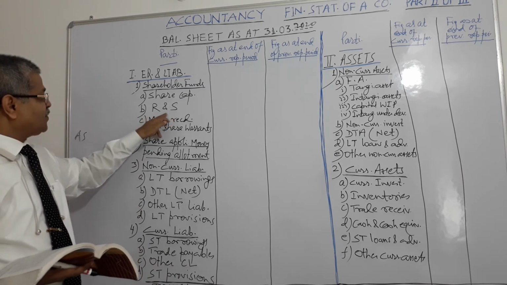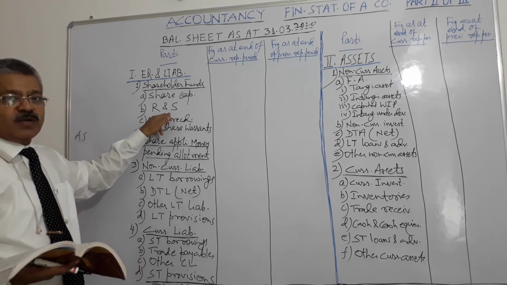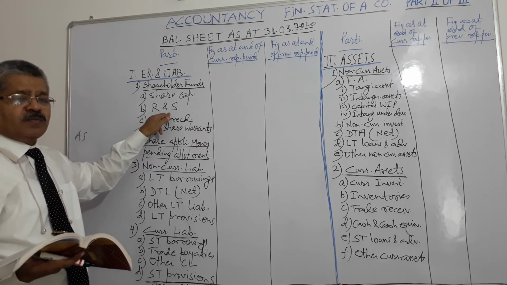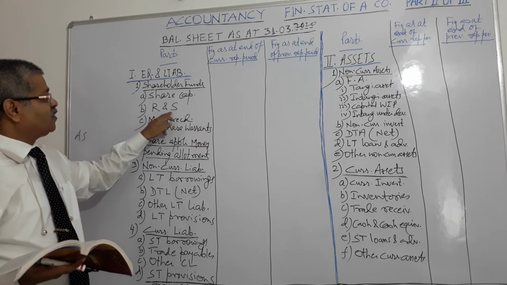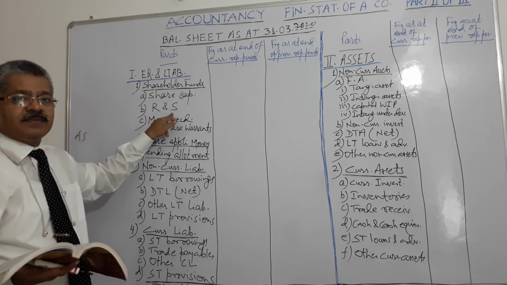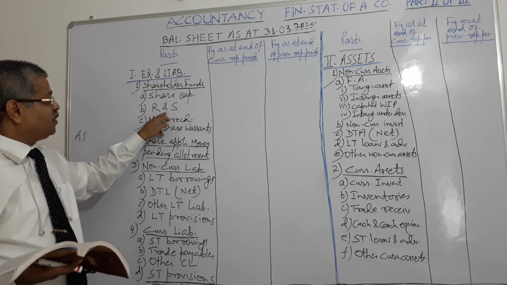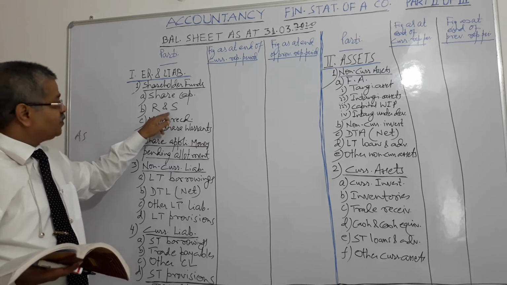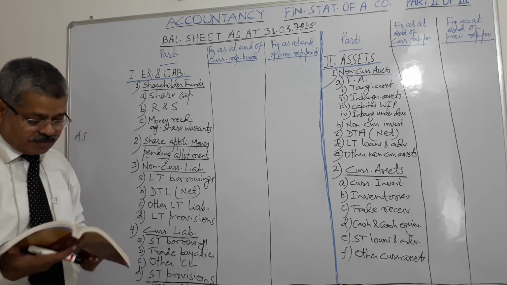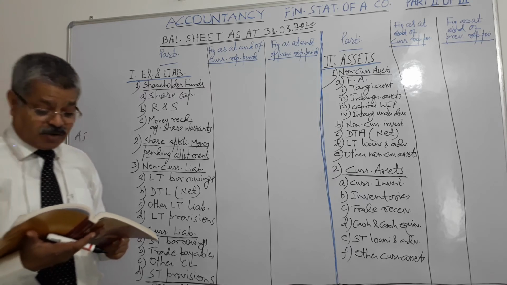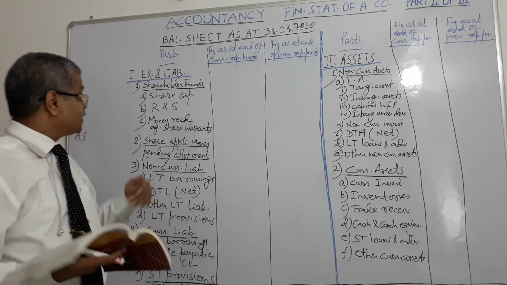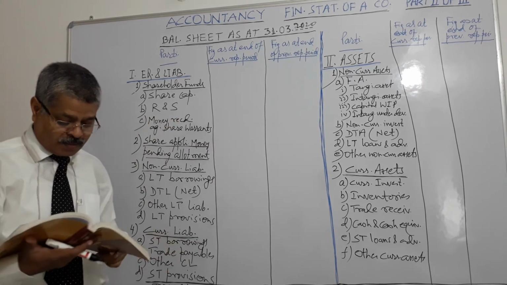So, suppose last year reserves and surplus was 1 crore and the current year P&L is showing a loss of 10 lakhs. This figure will become 90 lakhs, because we will be adding negative 10 lakhs to 1 crore, right?